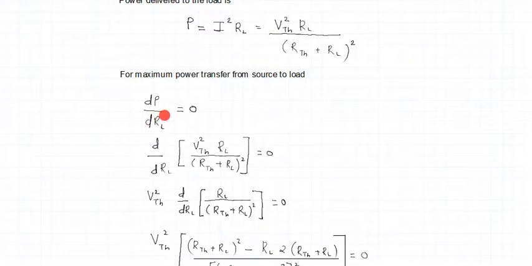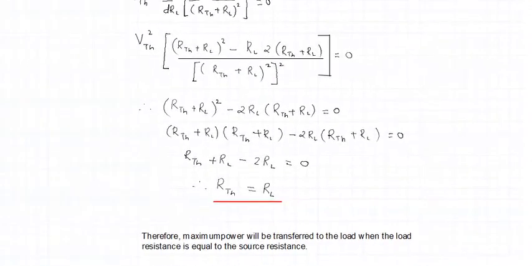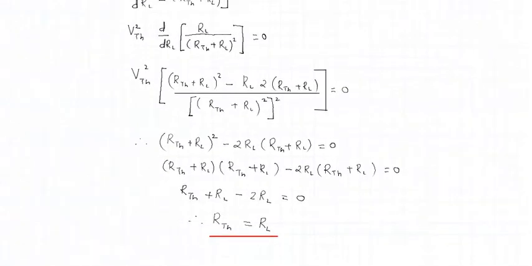This is the necessary condition. So taking the derivative of the power, we already have the power equation here, and making the equation 0, by simplifying we obtain RTH is equal to RL.